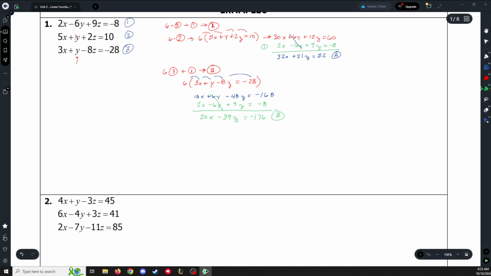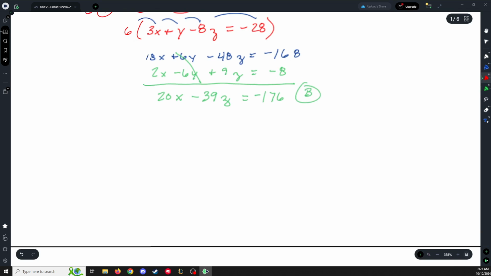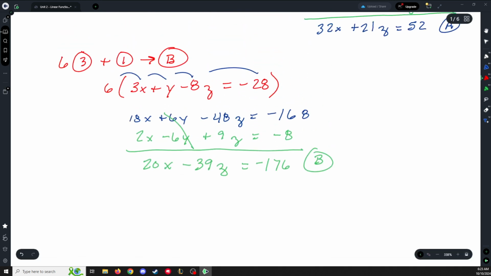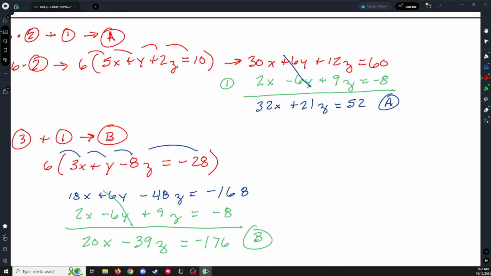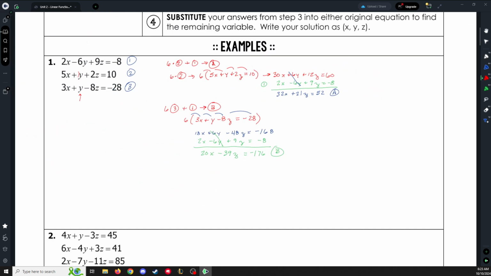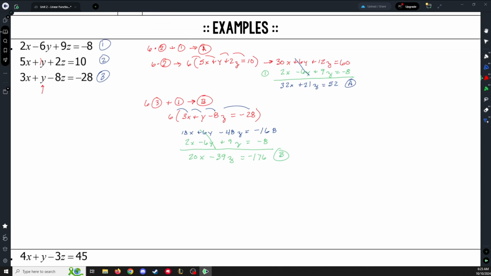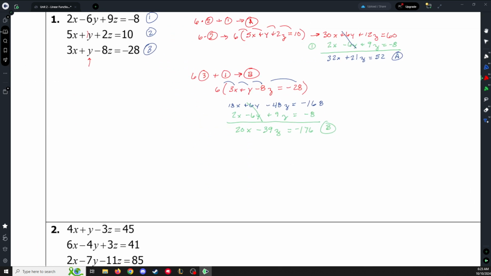Desmos doesn't like z's. Desmos only likes x's and y's. When we do this, I need to rewrite these, but I need to be careful that I do them correctly.